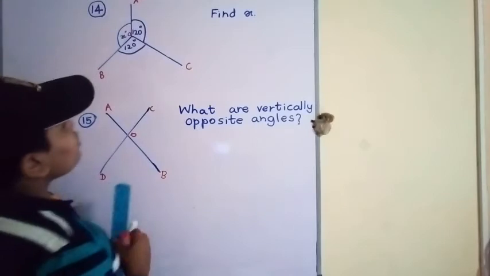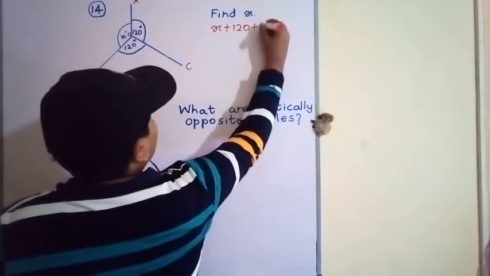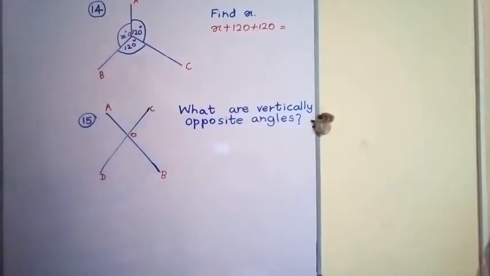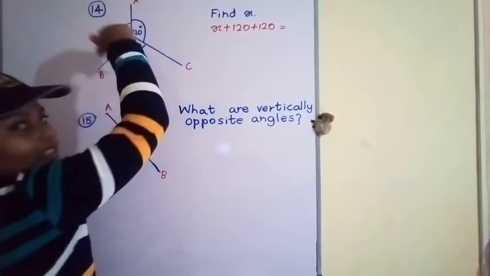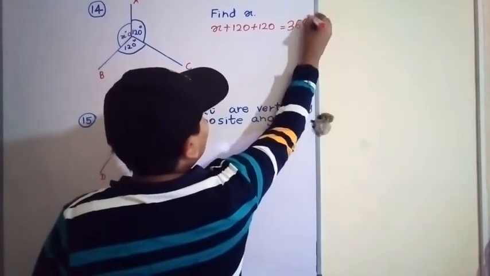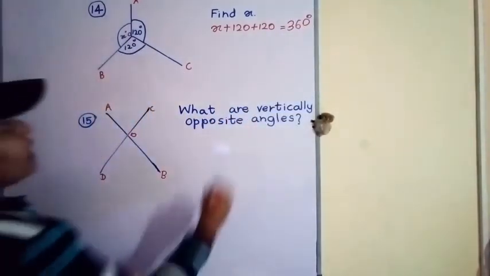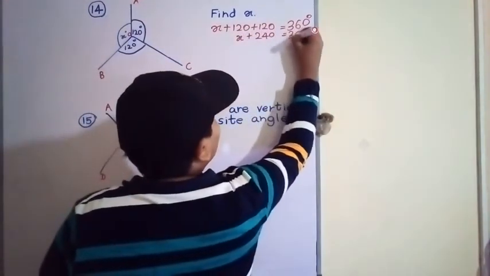Now x plus 120 plus 120 means, is it 180? No. Because you look, there I have a circle, right? The circle is 360. Now x plus 240 means 360.